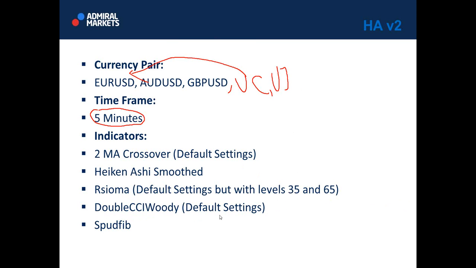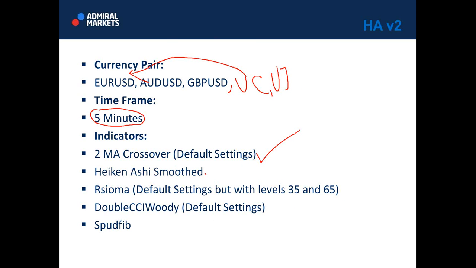Double CCI Woody is also an indicator on default settings. It's the CCI Woody indicator and SPAD fib. Now, this is used for the early signal of a possible entry. So this is only used for the earliest signal of the possible entry.